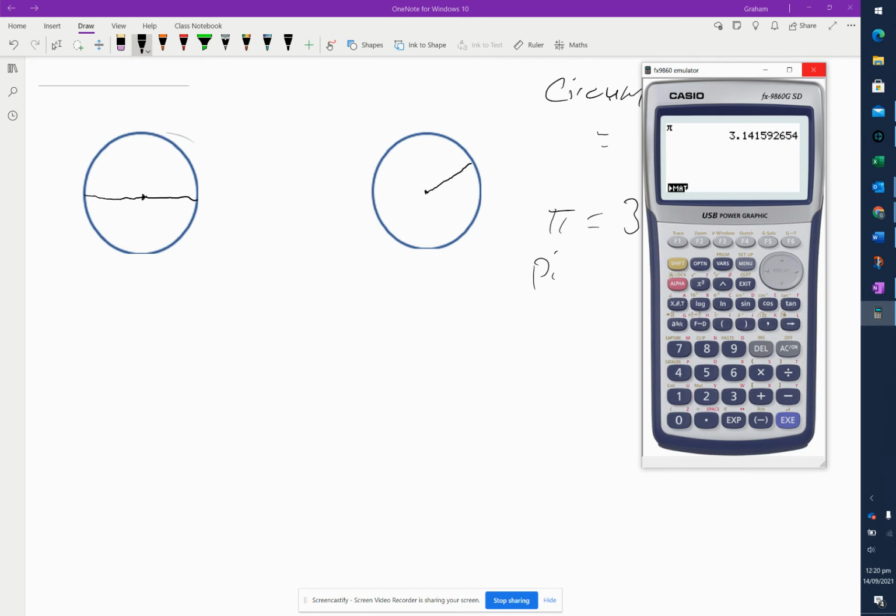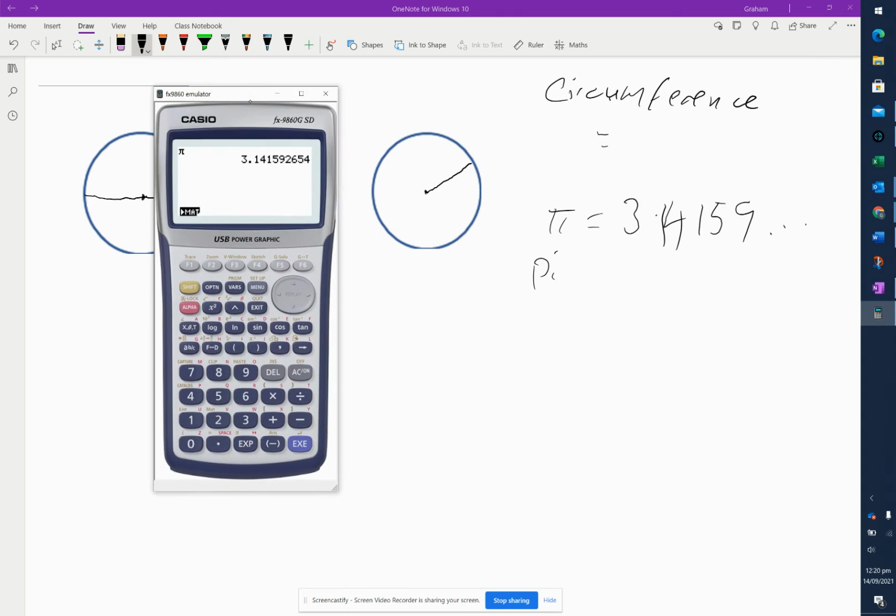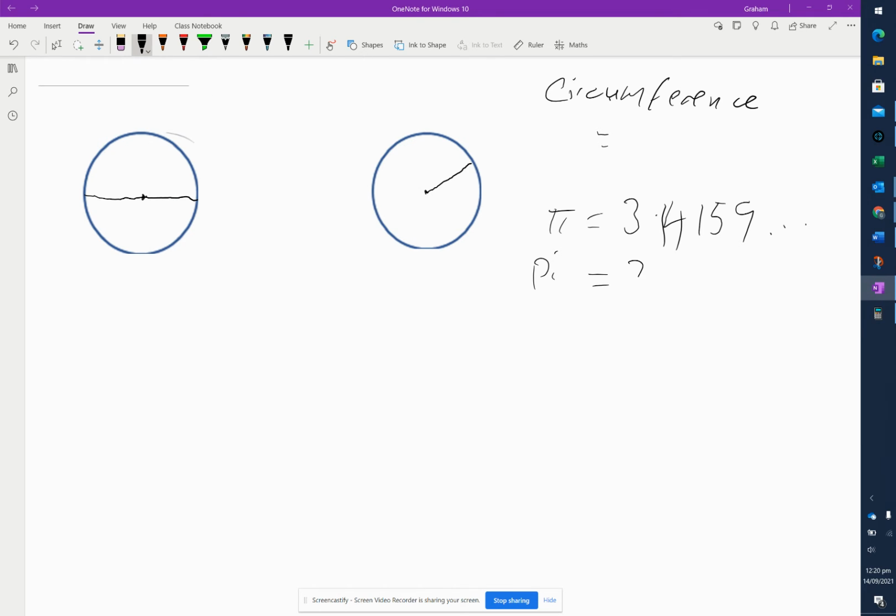For everything that we are doing at the moment, if you have a scientific calculator that has a pi button, that's great. Otherwise, I want you to use 3.142, and that's the normal approximation we use for pi. Occasionally that will mean you get a slightly inaccurate answer, but most of the time you're fine.